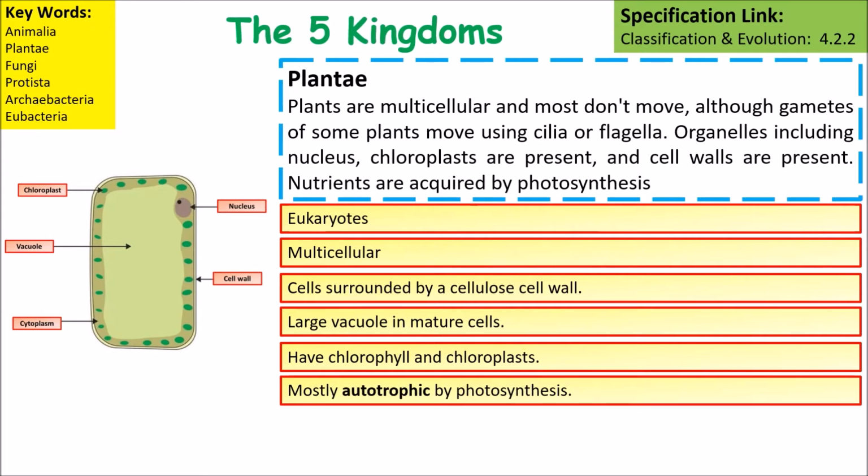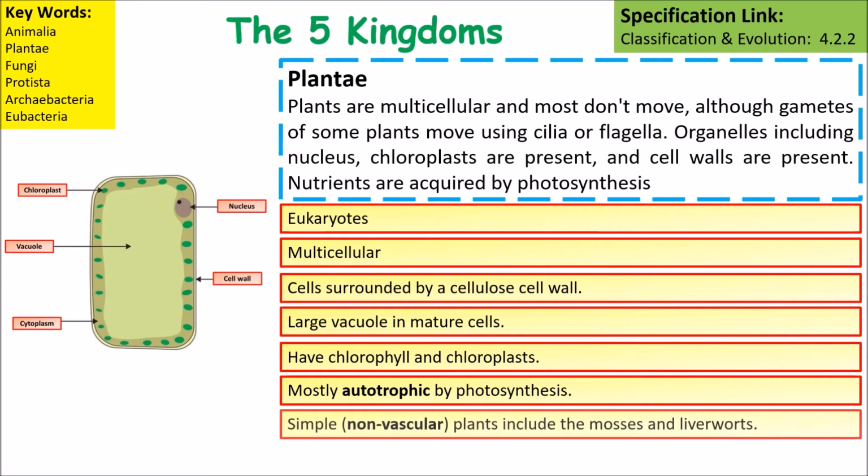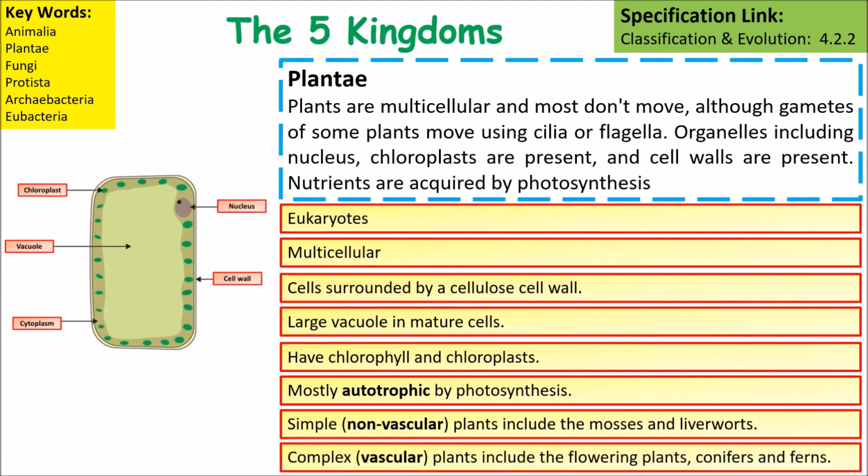They are autotrophic, so they produce food by photosynthesis. They can either be non-vascular or vascular. Vascular plants include flowering plants, trees, conifers, ferns, etc.